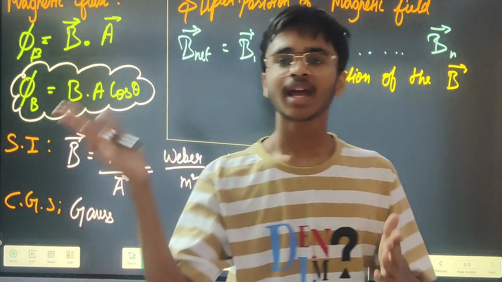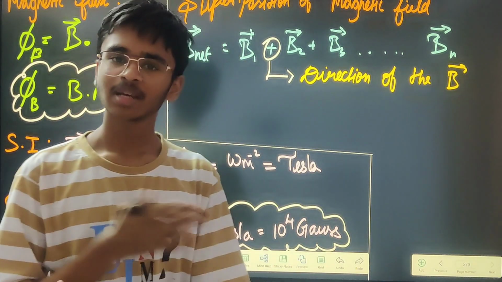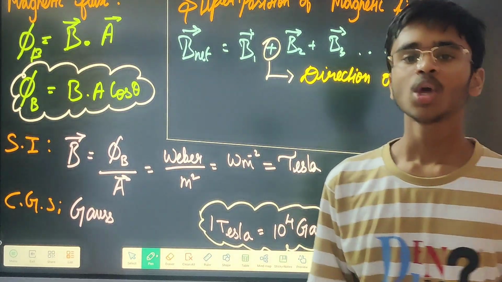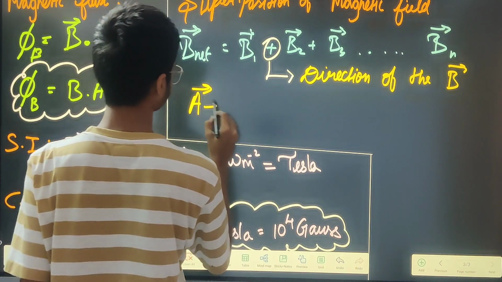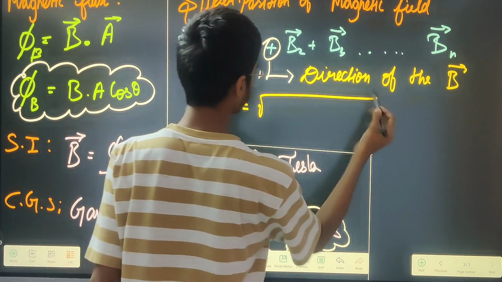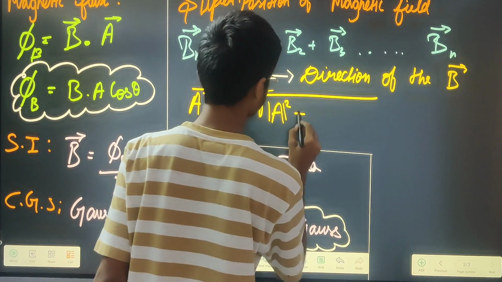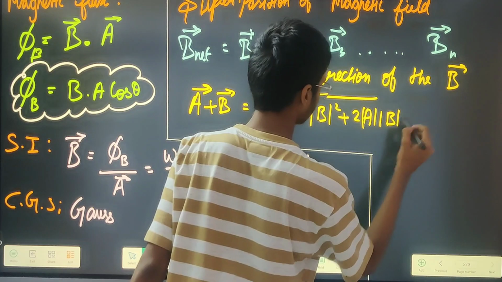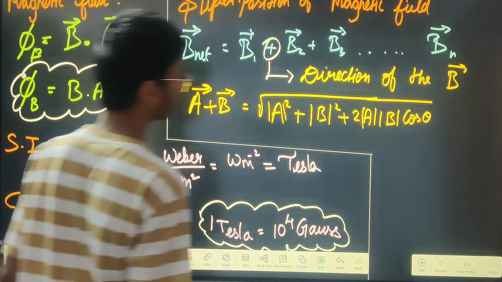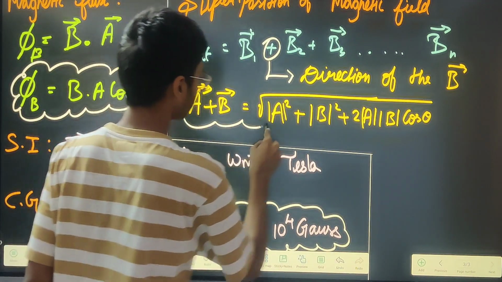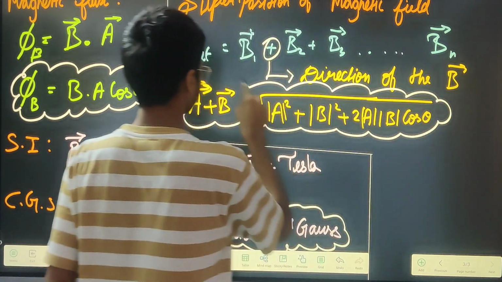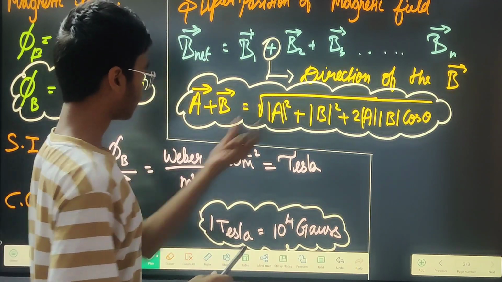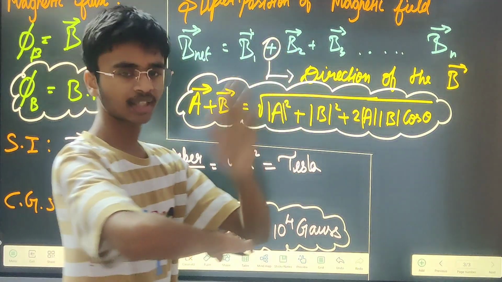If they are at any other angle other than 180, 0 or 360 degrees, then we have to use the vector law of addition: the magnitude of A vector plus B vector is equal to root over modulus of A square plus modulus of B square plus 2 modulus of A into modulus of B into cos theta. This is the formula. Where theta is the angle between A vector and B vector. It can be any angle.